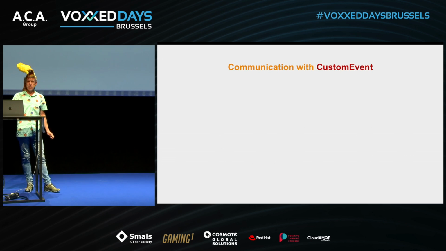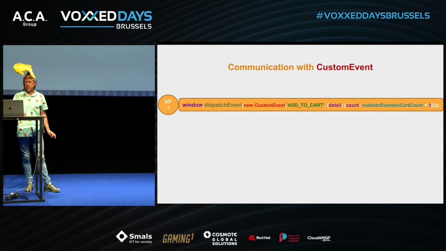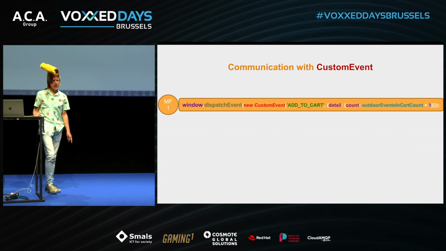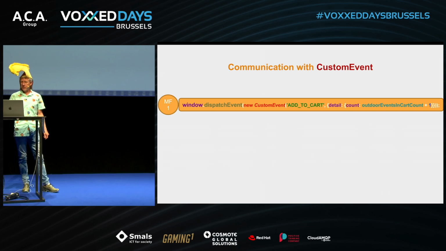You can also set up a communication with custom events, where you dispatch an event with window.dispatchEvent. And I dispatch here a custom event with the name add to cart. I increment it with 1.